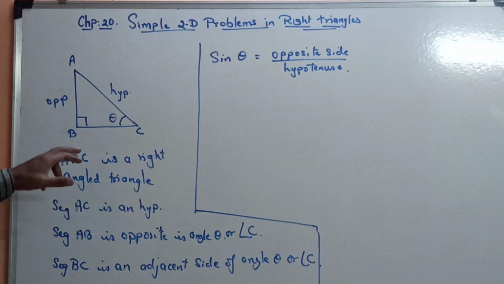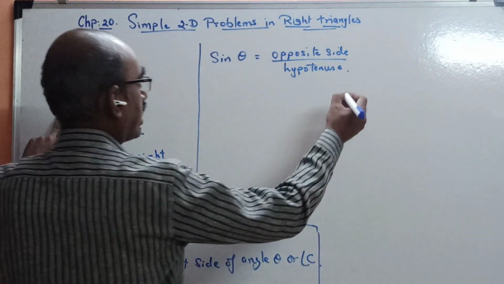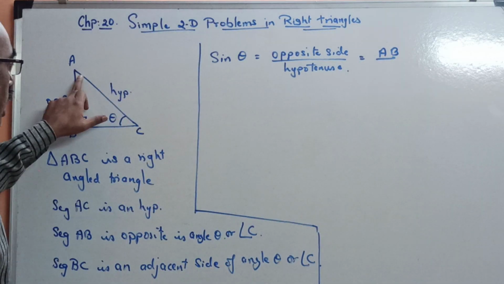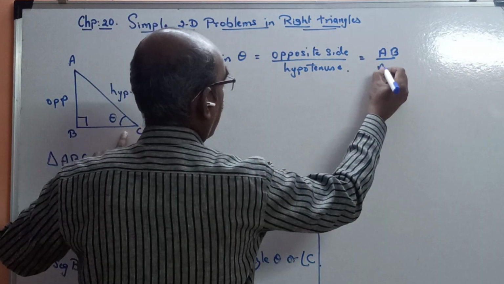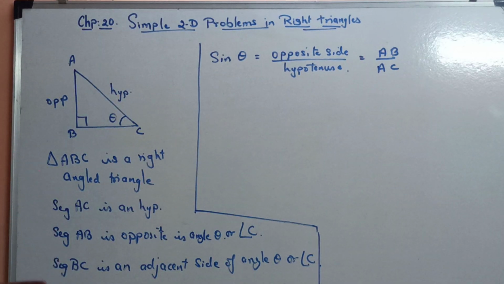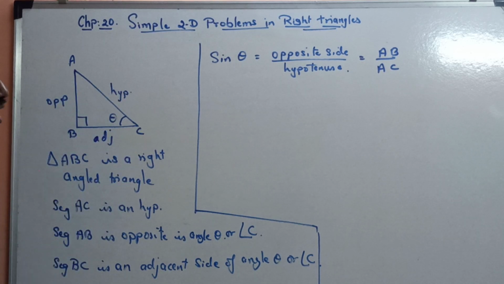Sine theta is this. The opposite side is what? AB. So sine theta is equal to AB upon hypotenuse. The hypotenuse is AC. When we talk about sine theta, you have to come to the conclusion that it is opposite side upon hypotenuse.